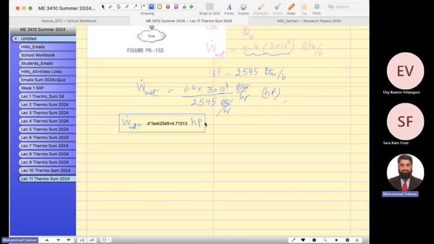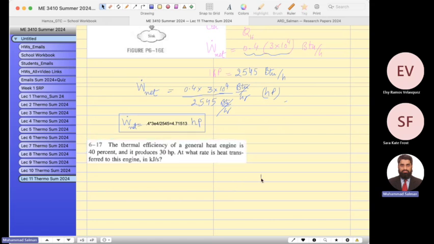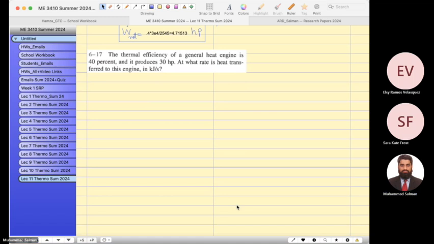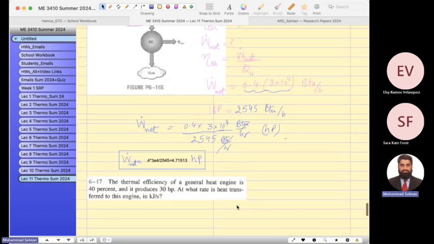Okay, let's do another problem here. You see, this chapter is very easy, just very small formula. The main formula, thermal efficiency for heat engine.